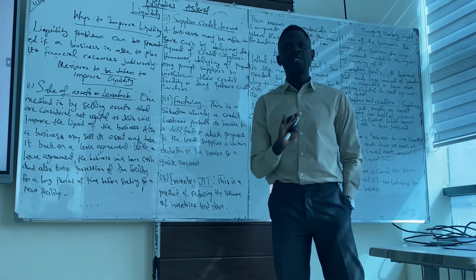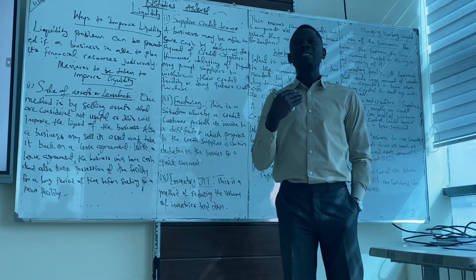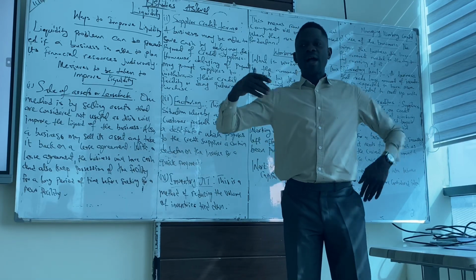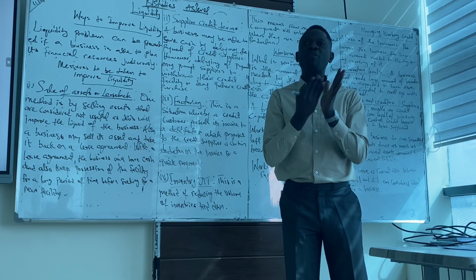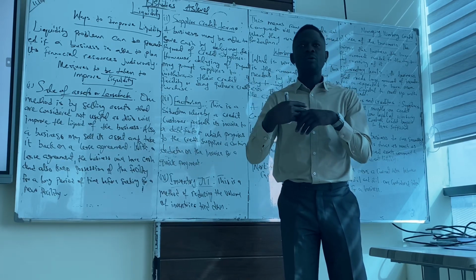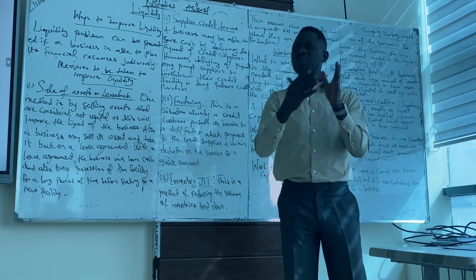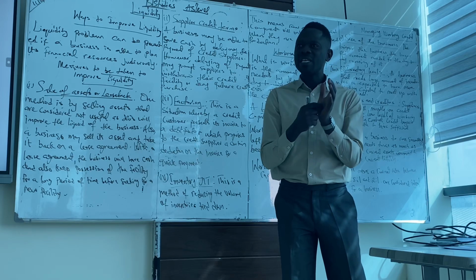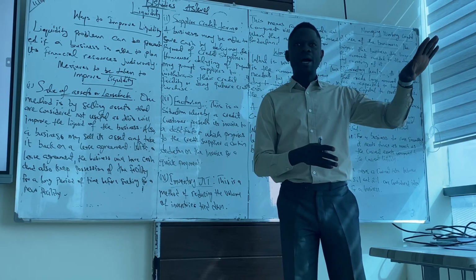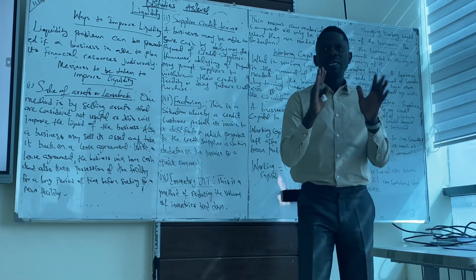Debt factoring simply means as a credit customer, I present my invoice to a debt factor, which is an agent, like a bank or any financial institution or specialist organization. They buy the invoice at a certain percentage which is agreed by the credit supplier. So this is how it works.